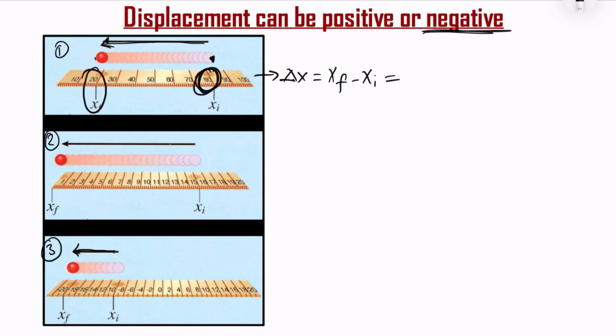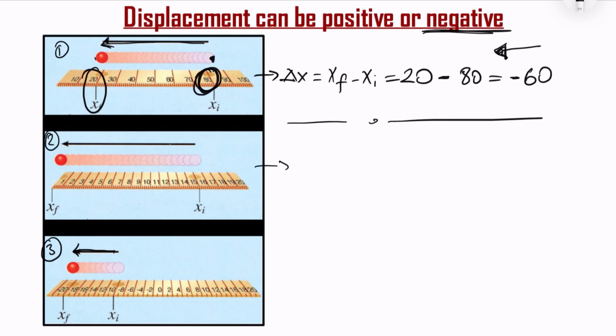Final is now 20, because it moves from 80 to 20, minus x initial, which is 80. So the result will be 20 minus 80. It's going to be negative 60. That negative indicates to us it moves in the negative direction. Is it? Yes, it is.